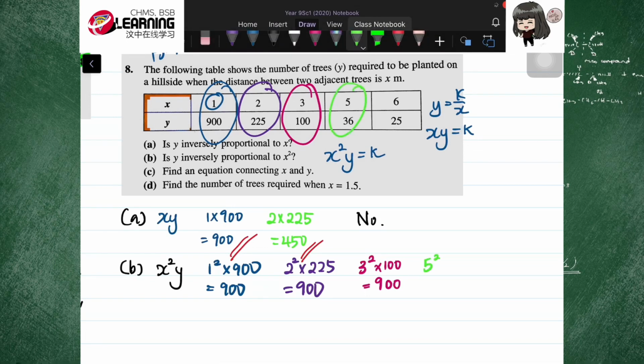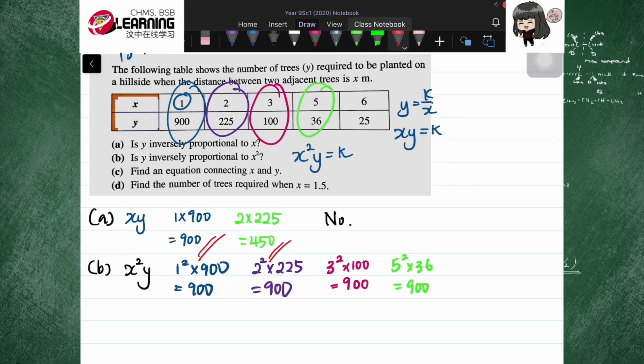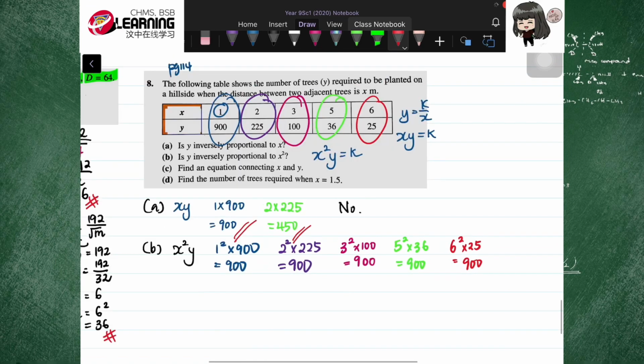The fourth one, 5 squared times 36, is 900, yes. And the last one, 6 squared times 25 is 900 also. So all of these are 900.